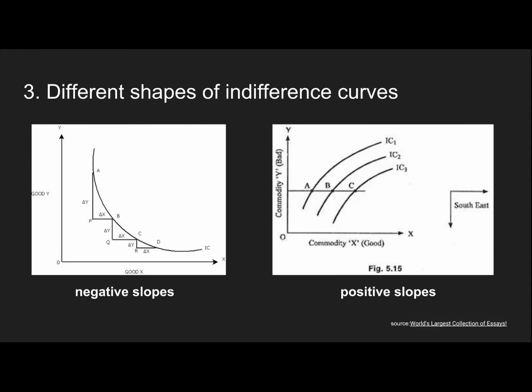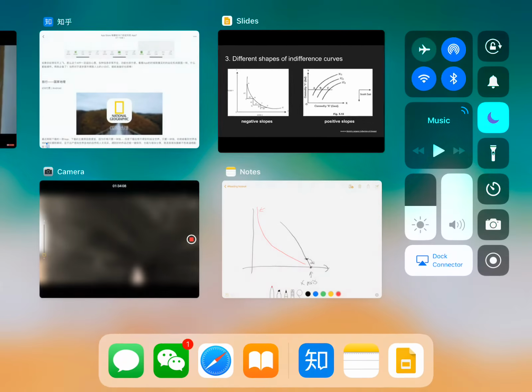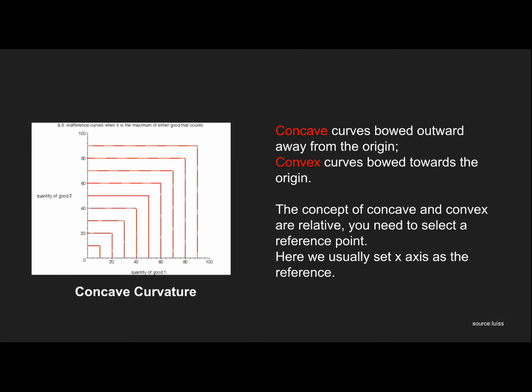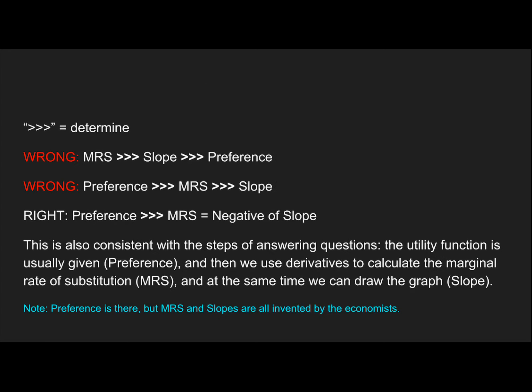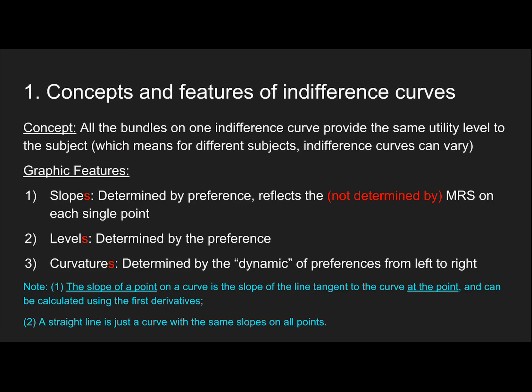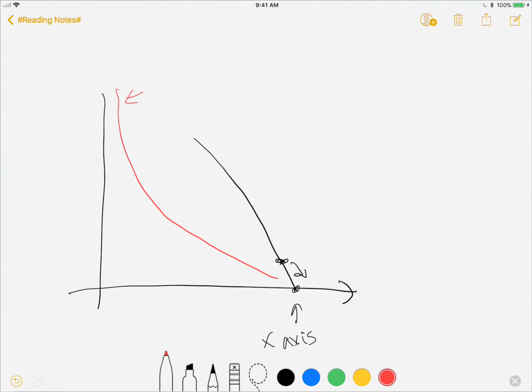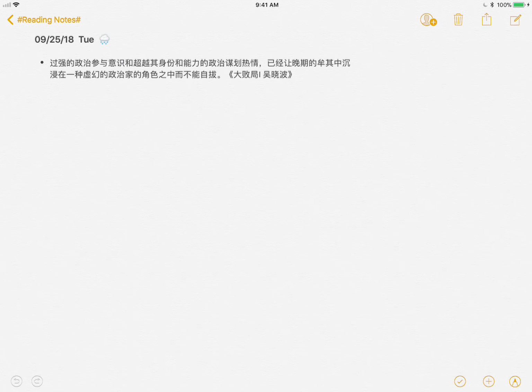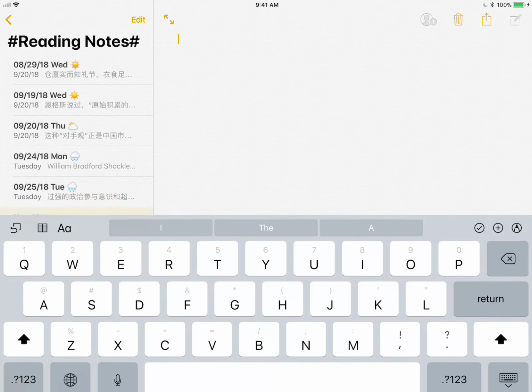So these two arrows are usually used to indicate the levels. If you still remember this page, the levels are determined by the preference, and the preference direction is usually used to mark which level is greater.